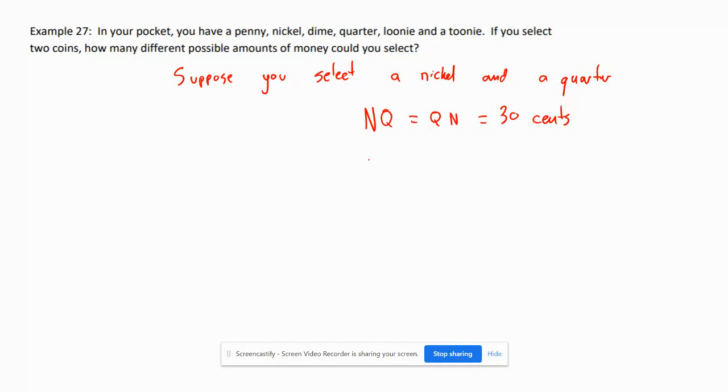So the first thing over here, if order does not matter, we are counting combinations. That's going to be groups.